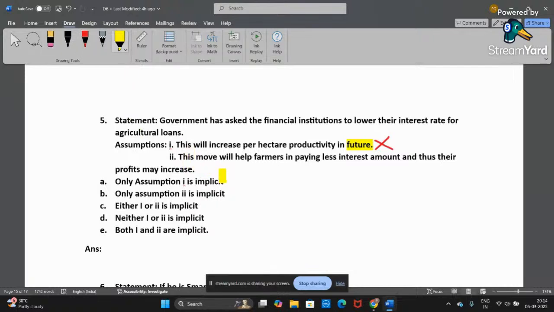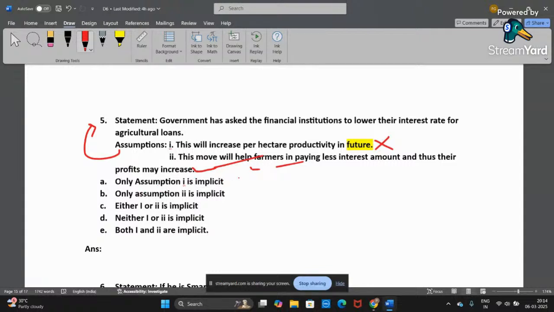Next: this move will help farmers in paying less interest amount and thus their profit may increase. Yes, when they lower their interest, obviously they'll pay less interest and their profit will increase. Yes, this statement is correct. The assumption should be related to the statement, and here it is related. So your answer is the first one.